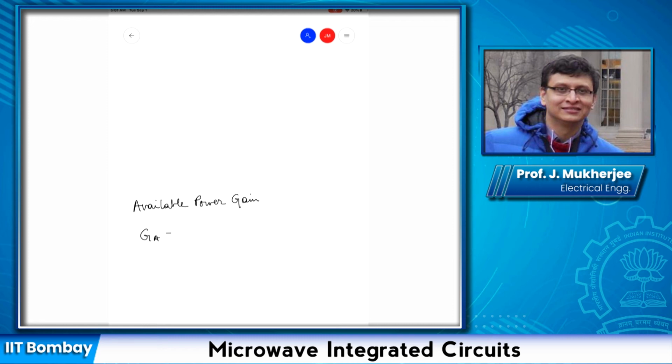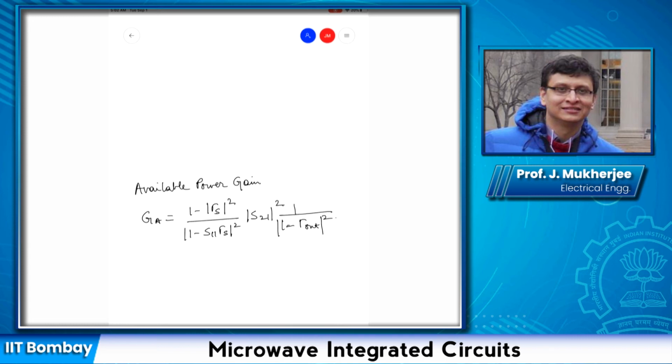Now GA is sort of the converse of GP, because if you just replace gamma L with gamma S and gamma in with gamma out, then you will get GA.